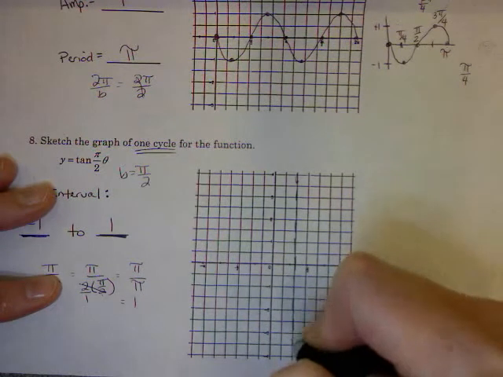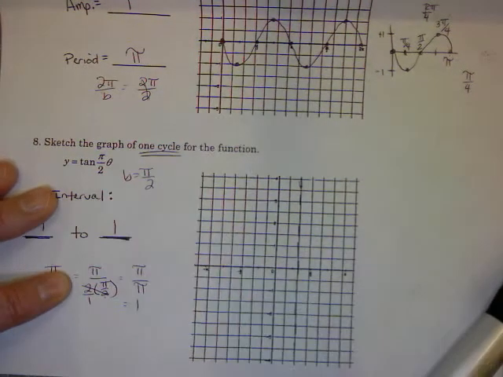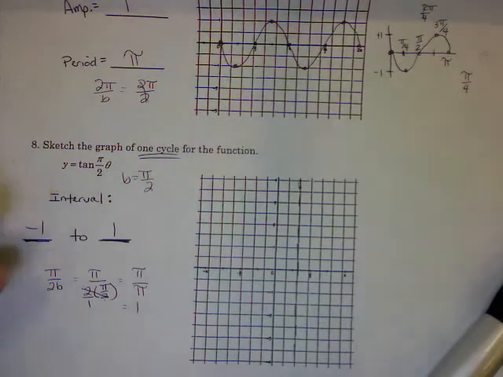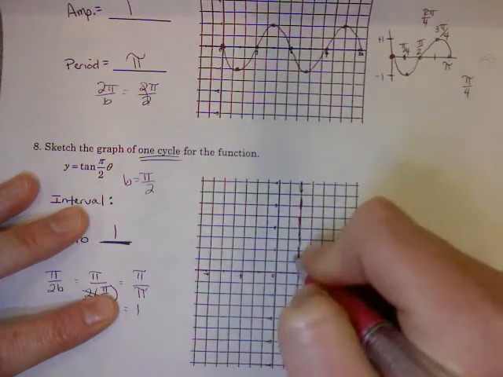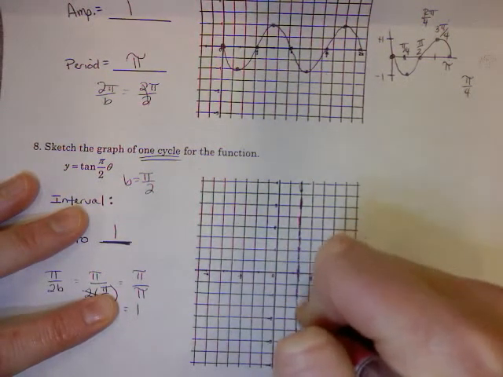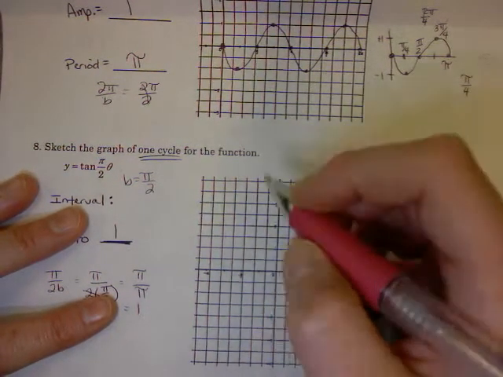It's really hard to see here, so let me grab another color so that I can show you these asymptotes better. So here's your asymptote at 1 and at -1.